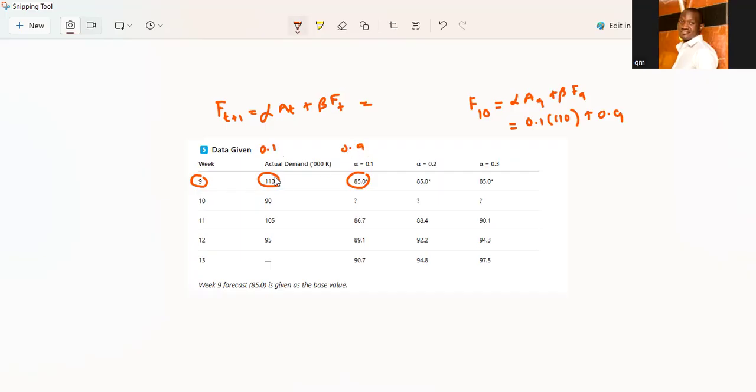So 0.1 times 110 plus 0.9 times 85 gives the answer for here. When you compute that, we get 87.5. We put 87.5 in here.